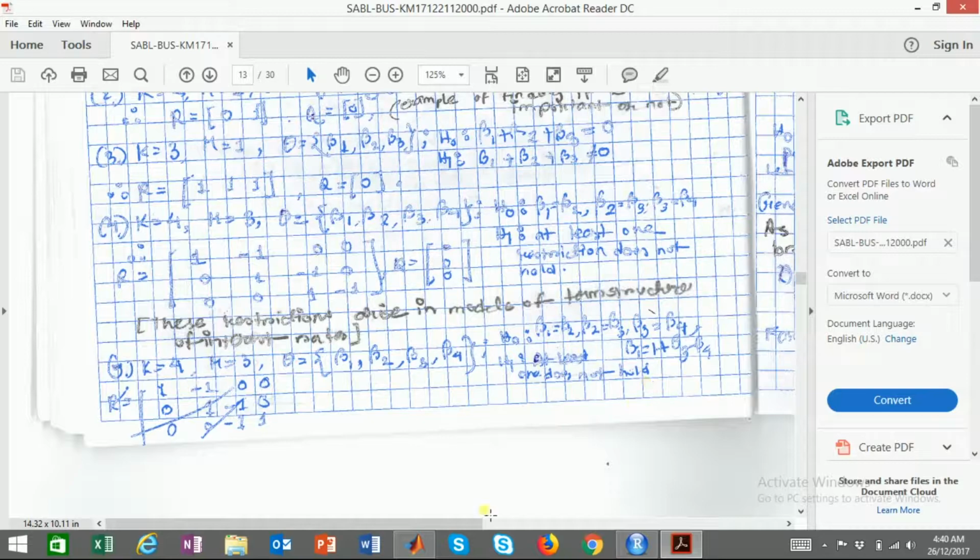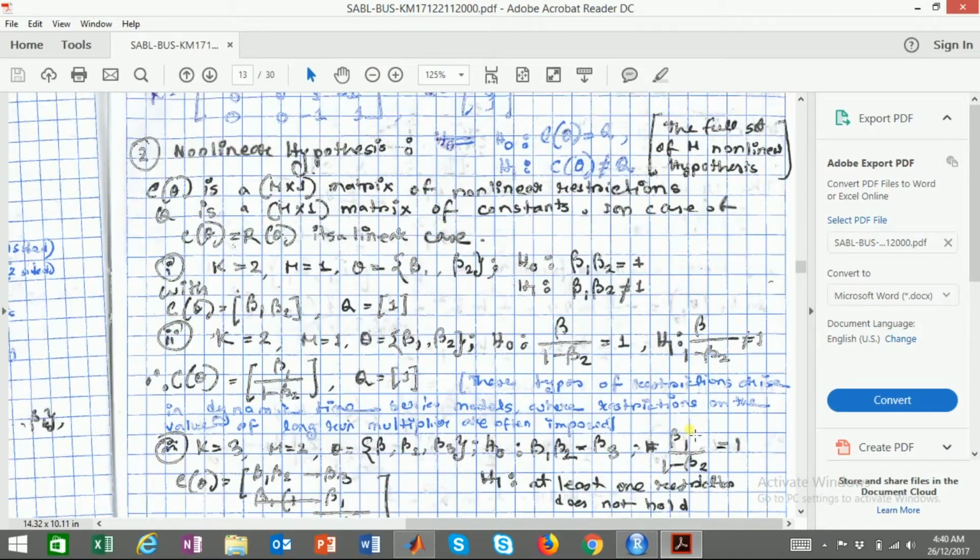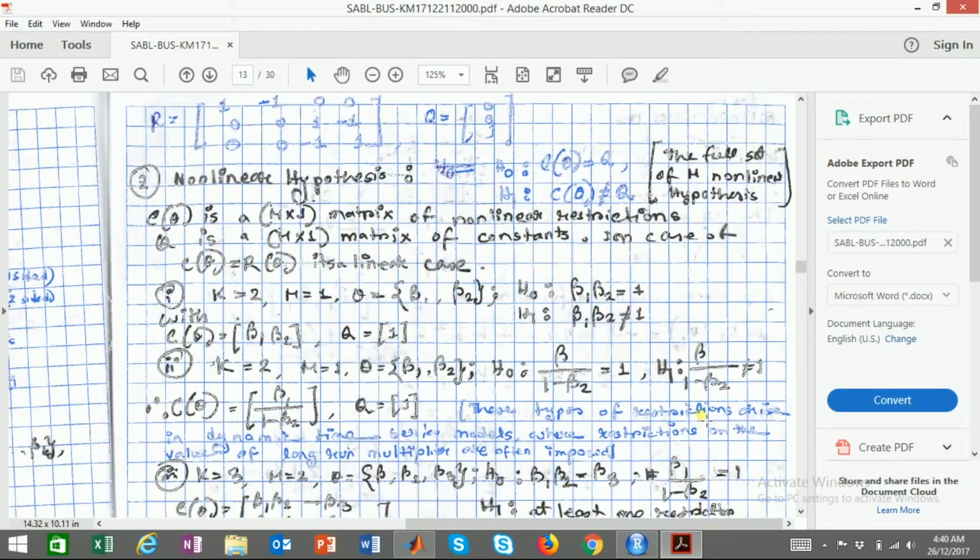In that case, again, for 1, 2 and 3, the first equation is beta 1 minus 1, 0, 0, then beta 2 equals beta 3, beta 3 equals beta 4. 0, 0, 1, minus 1.